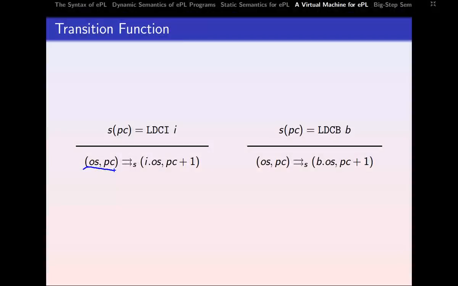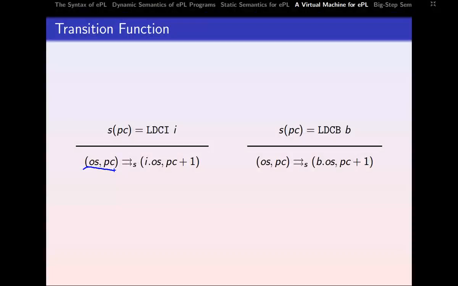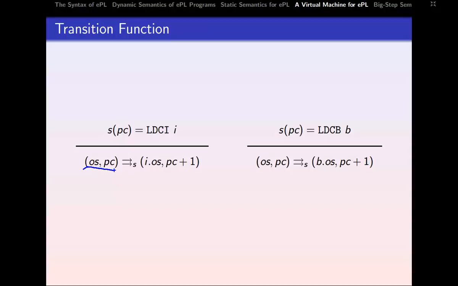The current state is some OS, PC, some stack, and some value for program counter. The next state would be I prepended to OS, so I is pushed on the stack, and PC plus 1 points to the next instruction, right? Similarly for LDCBB, right? Just that we're pushing a boolean.